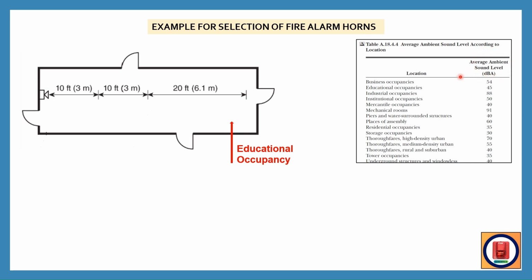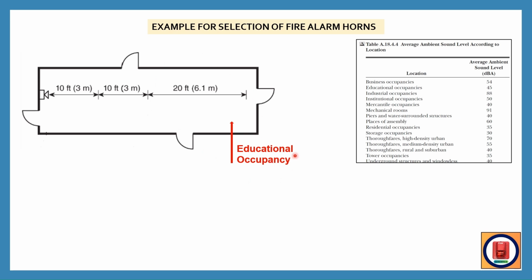So this is the catch point here. What about in private mode? In private mode, it should be at least 10 dB above the ambient average sound level. Since educational occupancies, business occupancies, all these occupancies will be considered as in public mode, because we need to notify all the occupants in this particular area.